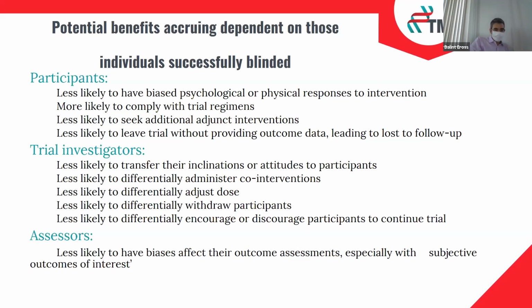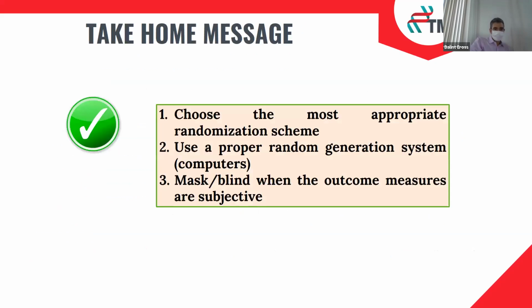From the assessor's point of view, it's less likely to have biases that affect their outcome assessment, especially with subjective outcomes of interest. And the previous practice should have emphasized that barely anything other than mortality is a soft outcome, a subjective outcome. Even hip fracture can be a subjective outcome.